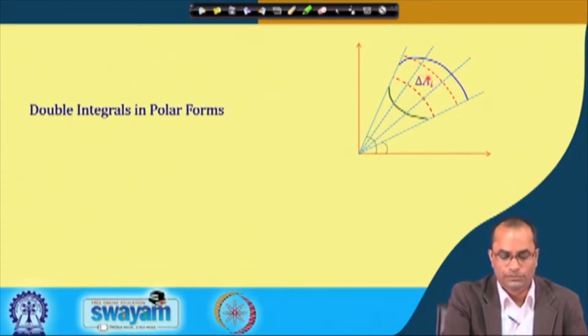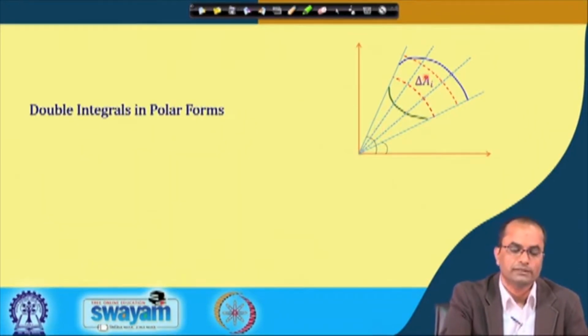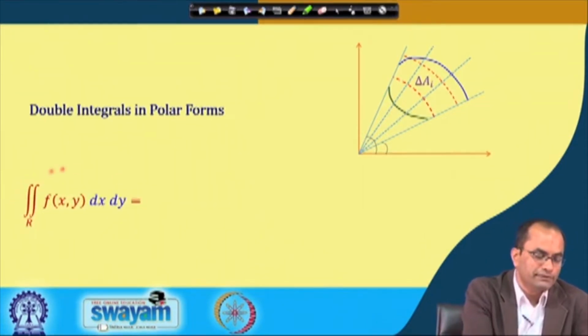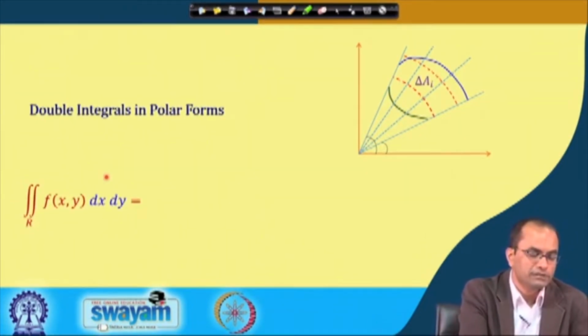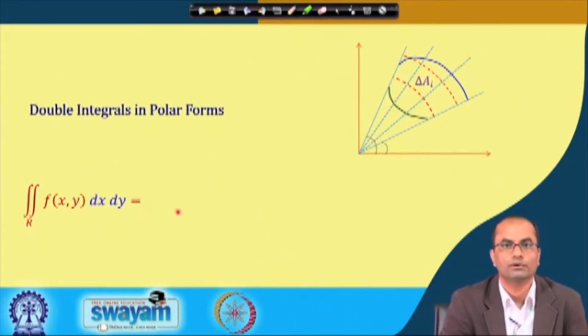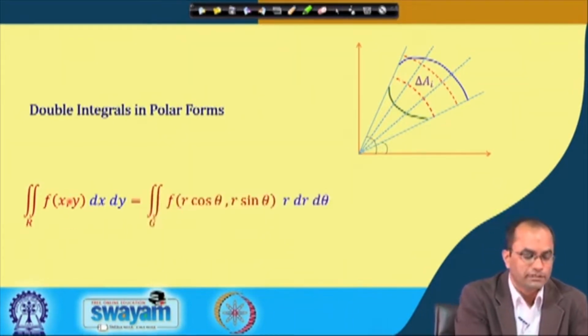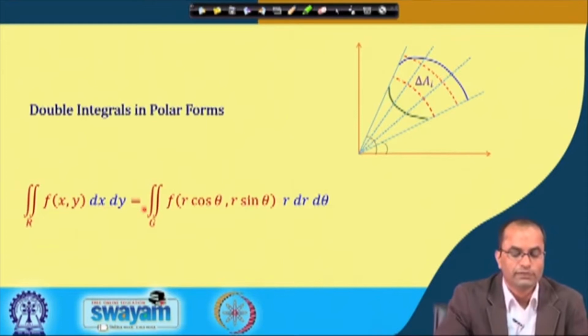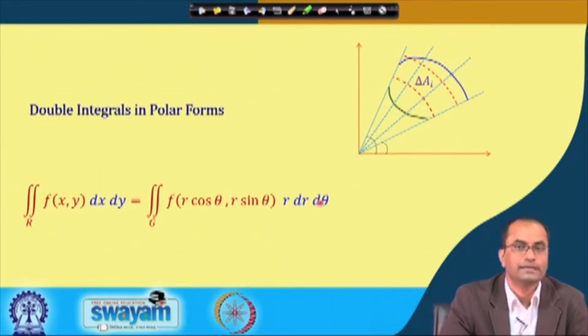area, and which was coming to be the r times the delta r and delta theta. Delta theta was the angle here, and the r was the radius from this to the circular arc. And in that case, the whole idea was that if we have the integral here in the Cartesian coordinate, we can convert into the polar coordinate by just substituting this x and y to r cos theta and r sin theta, and this dx dy will become the r dr d theta.